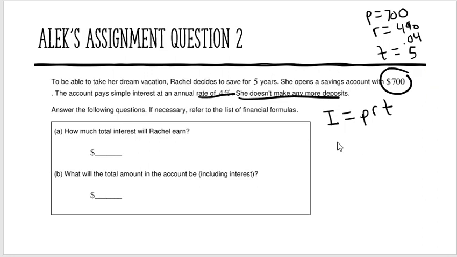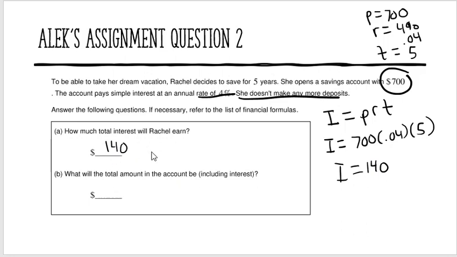Okay, so for question A, to find the interest, we're going to take the principal, which is 700. We're going to multiply by the rate, which is 0.04, and then we're going to multiply by the time of 5 years. And the total amount of interest earned is $140. So for part A, we would say $140.